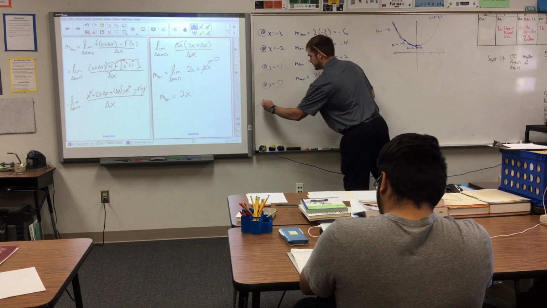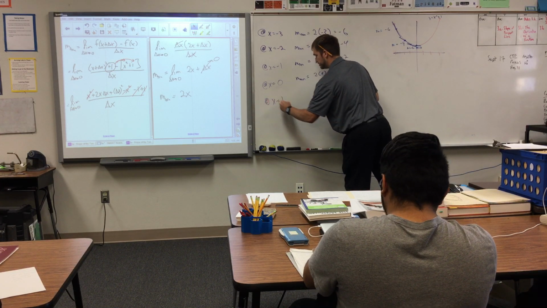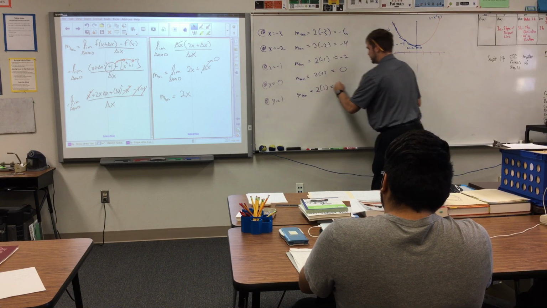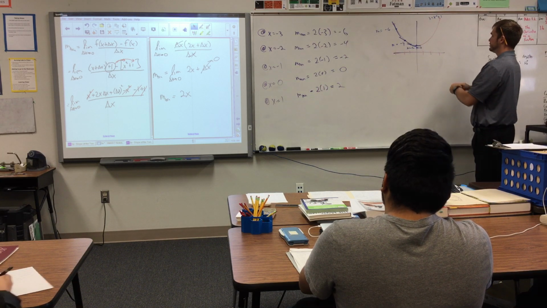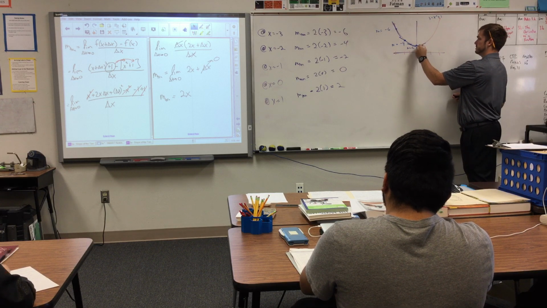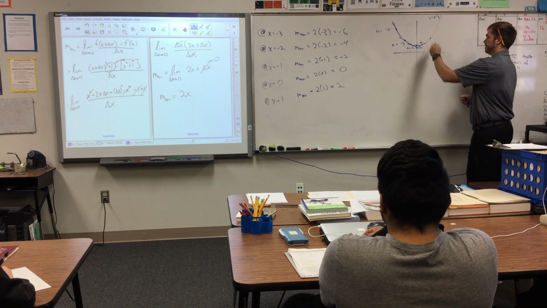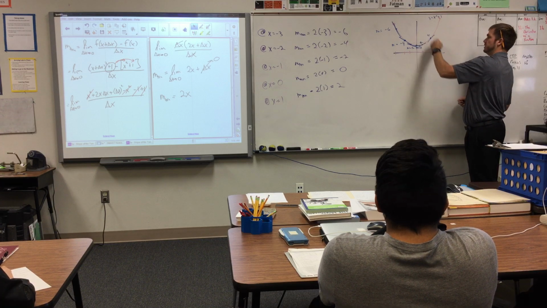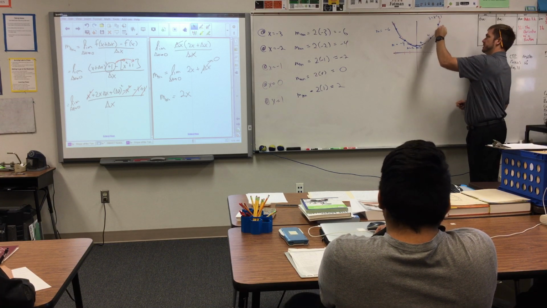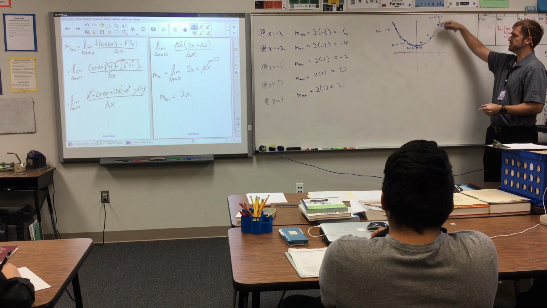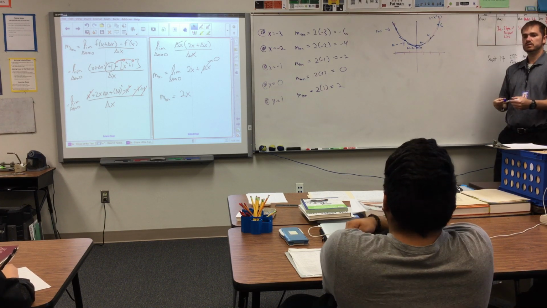What's the slope at x equals 1? 2 times 1, so that's 2. What about at 2? 4. What about at 3? 6. Look how good you all are. And that matches reality, right? 2, 4, 6. It's getting steeper all along the way.